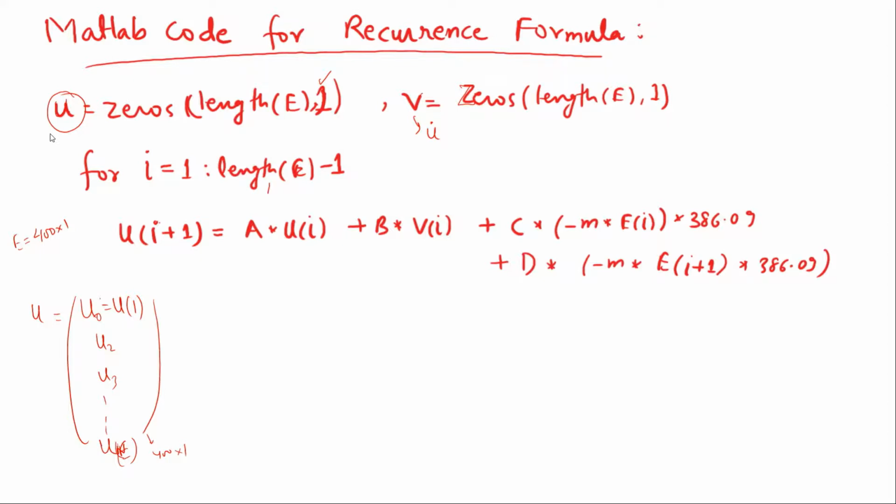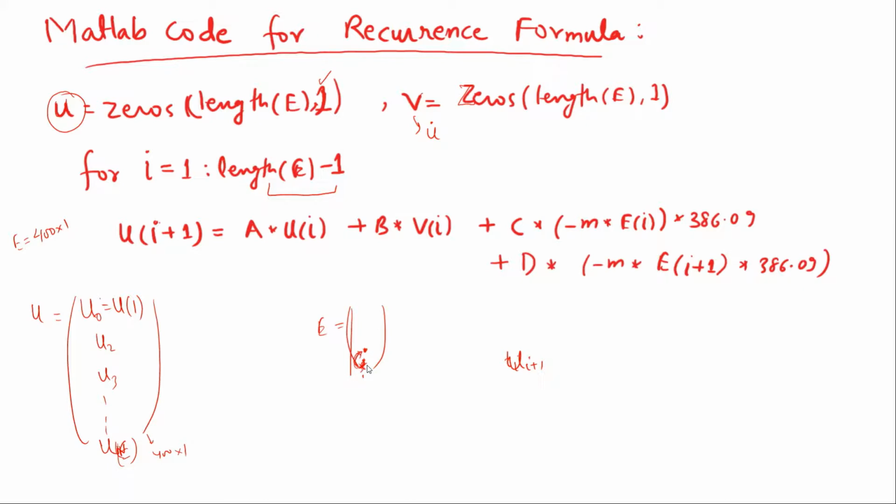Why do we apply length of e minus 1? Because the last value of the earthquake data is the last data we have. We are finding u of i plus 1, so if we come to the last value, then the next value is not there to find. So the loop will run just one below the last value.